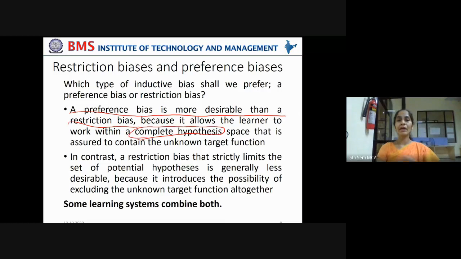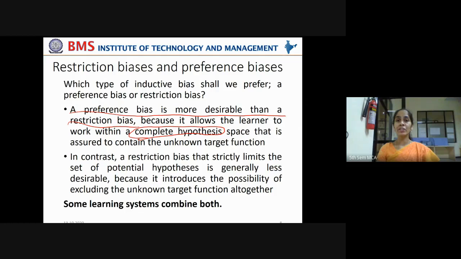When I say complete hypothesis space, it contains all the possible solutions along with the ideal target function also, right? Then it is always better to search the entire hypothesis space, though your search strategy is partial. Understand clearly. You're searching the entire hypothesis space, but your search is partial.